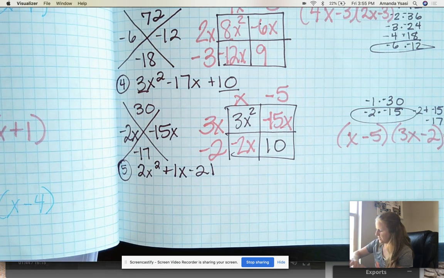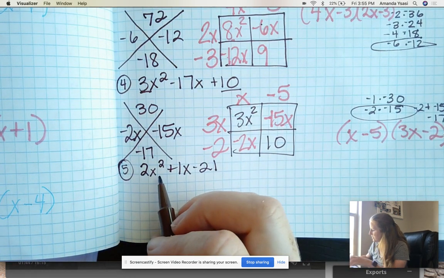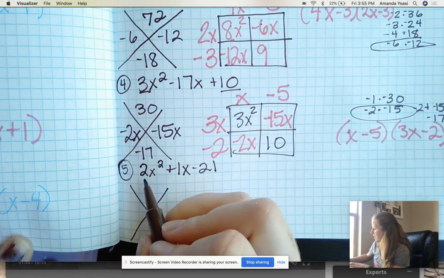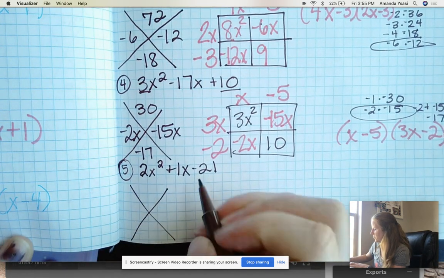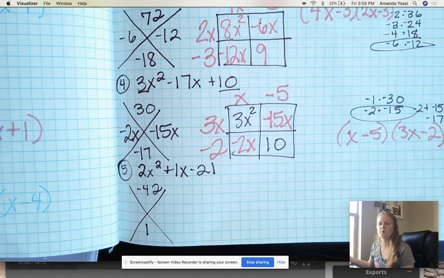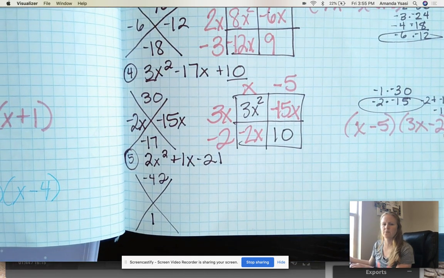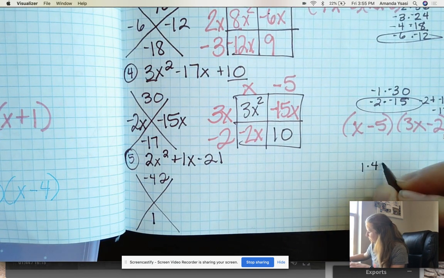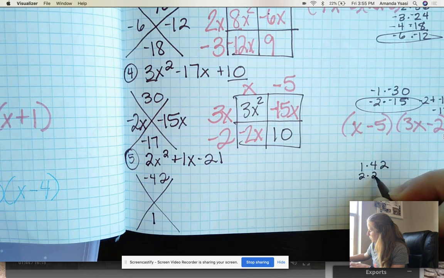Okay, let's do this last one. We have 2x squared plus 1x minus 21. Okay, 2 times a negative 21 is a negative 42 and a sum of 1. So let's think about the factors of 42. They have to be 1 apart. 1 times 42, no. 2 times 21.